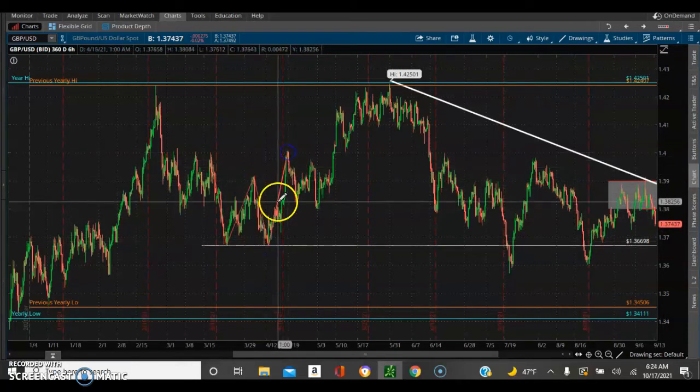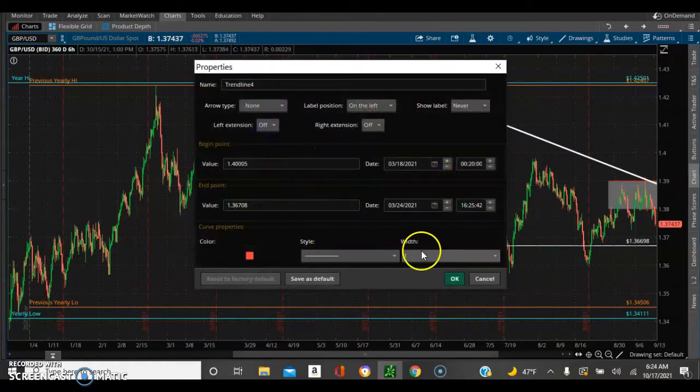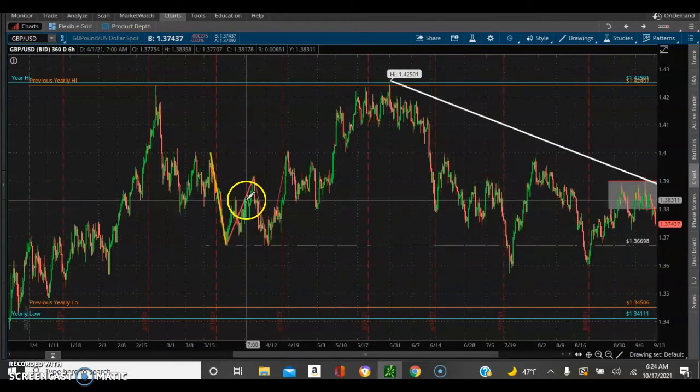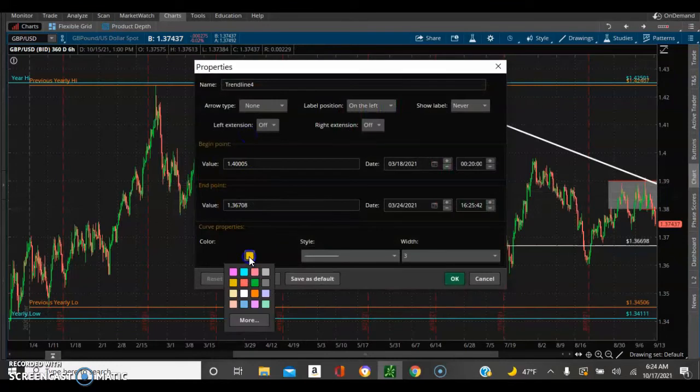As you can see there, let's get that edited. Color, we're going to do orange, yellow. That's not showing up as good as I want it to, so we'll do a bright color, this purple.